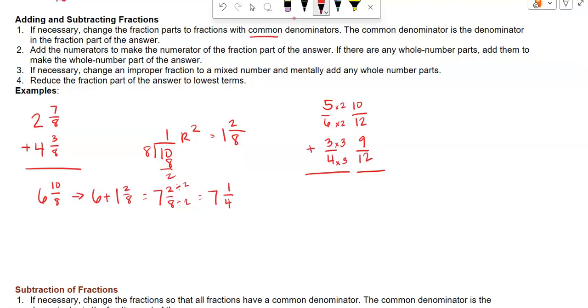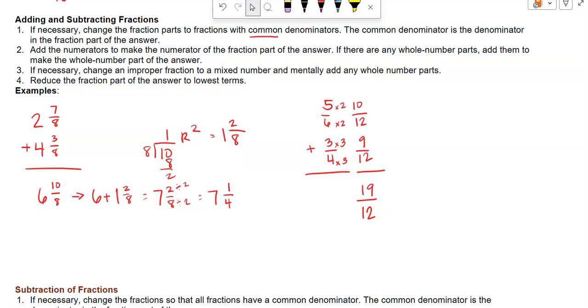So 10 plus 9 is 19. And whenever we're adding fractions, our denominator stays the same. And so step 3 says, if necessary, change an improper fraction. So right now this is improper because our numerator is greater than our denominator.